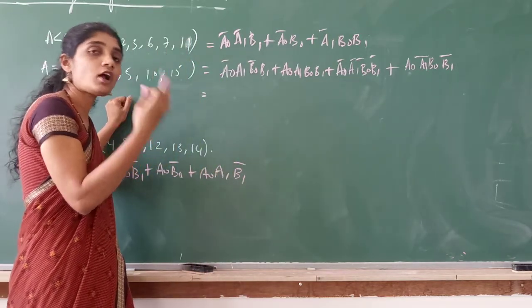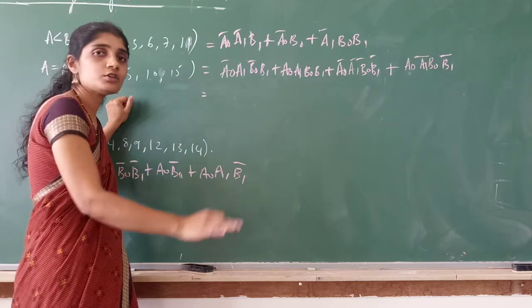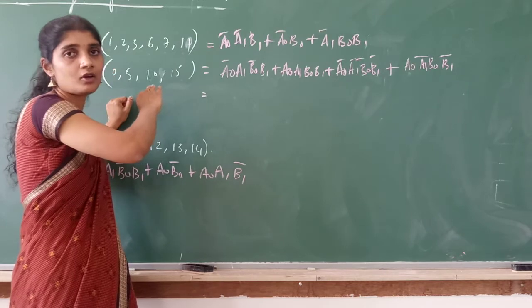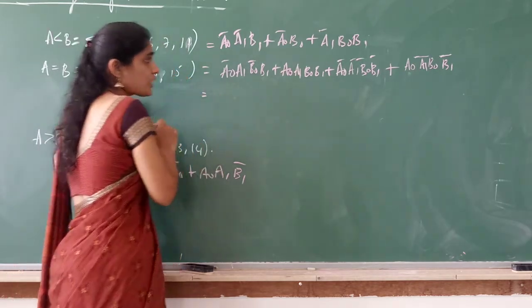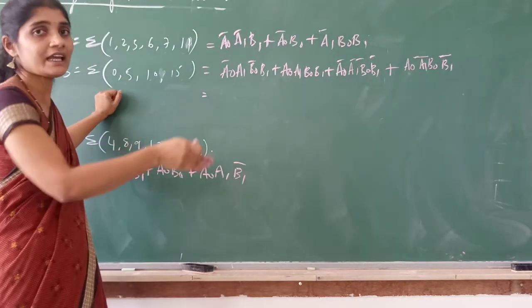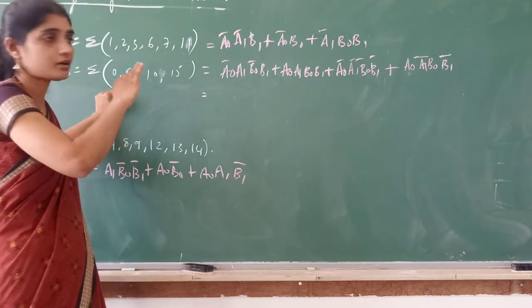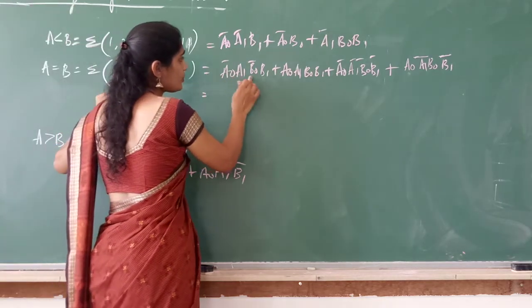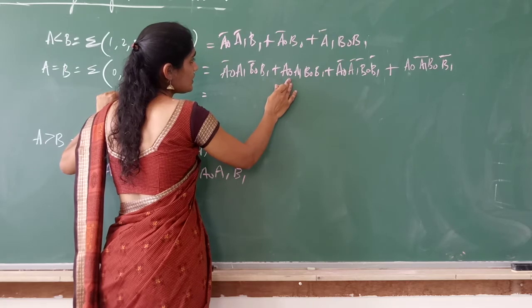Because if you are not getting a simplified equation in the K-map, you cannot use Boolean algebraic properties to simplify it. Now, whatever steps I am writing, I am just trying to use another gate other than the basic gates so that my circuit will look simpler. Look at these two terms. In these two, A1 B1 is common.